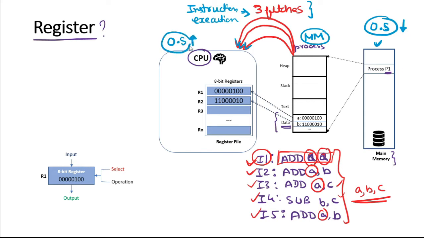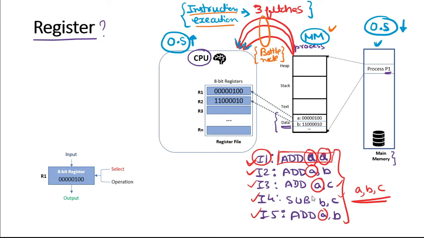So if each instruction execution is very much dependent on main memory, there is a bottleneck. Instruction execution will wait for main memory to provide the information three times in order to do the execution, so it actually works as a bottleneck.